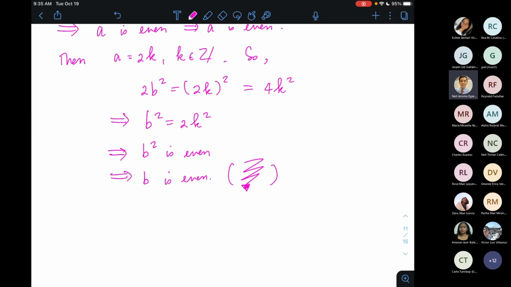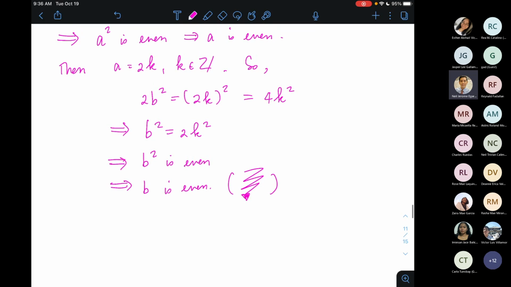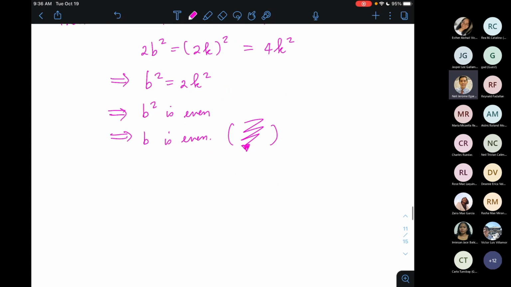Contradiction siya kasi sinabi na natin na si A over B naka-lowest terms. So ibig sabihin si A at saka si B wala na dapat common factor. And yet, we are saying here that A and B are both even. So parehas silang may factor na 2, which cannot happen because we said by design, yung A over B dapat naka-lowest terms na. And that is a contradiction.